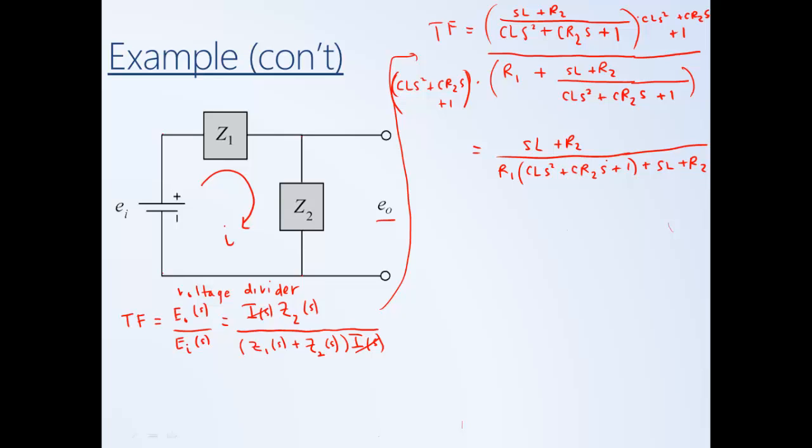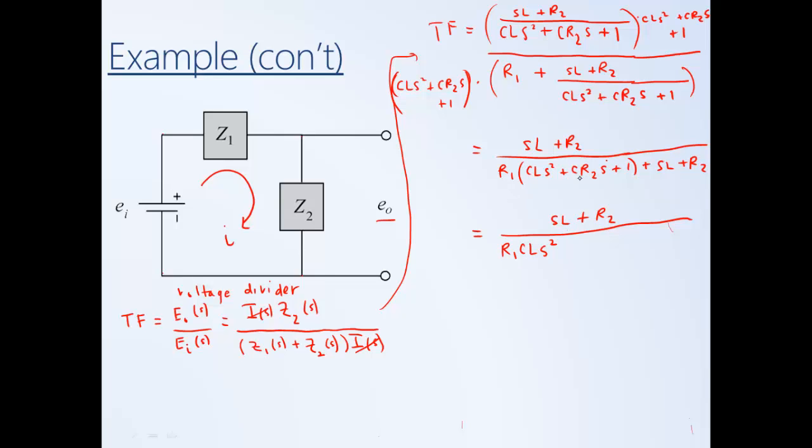Now this is done. We've reduced the transfer function into the form of a single polynomial divided by a single polynomial. We could stop there, or we could distribute the R1 and gather like terms. So I'll go ahead and do that real quickly. Our numerator is SL plus R2. If I distribute this R1, R1 times C times L S squared.